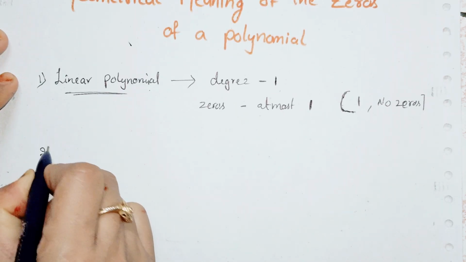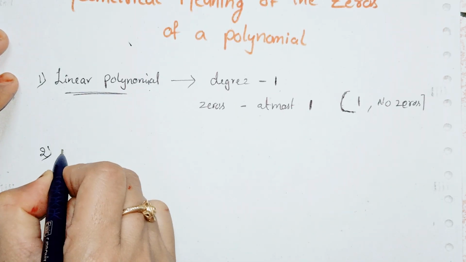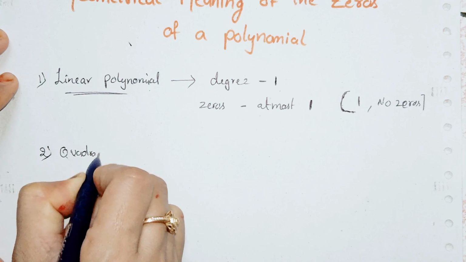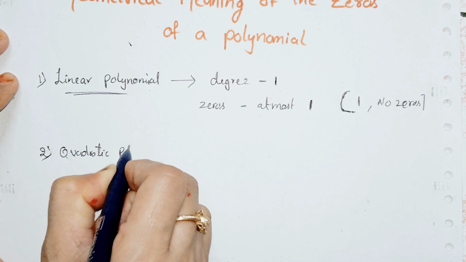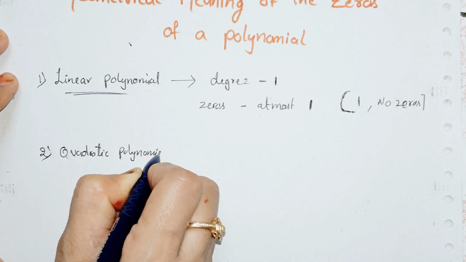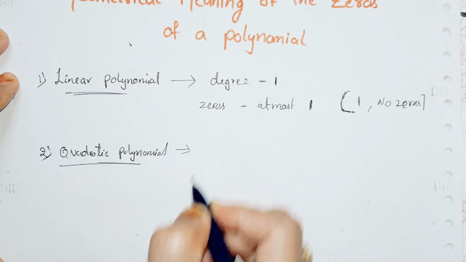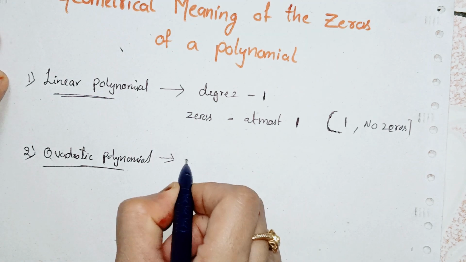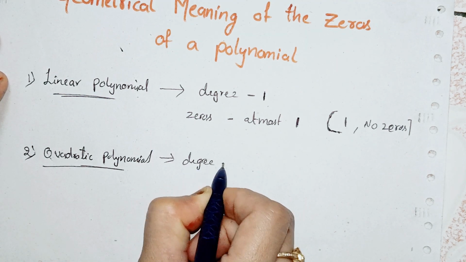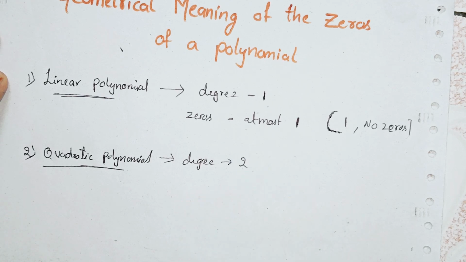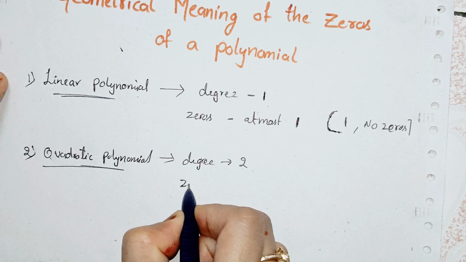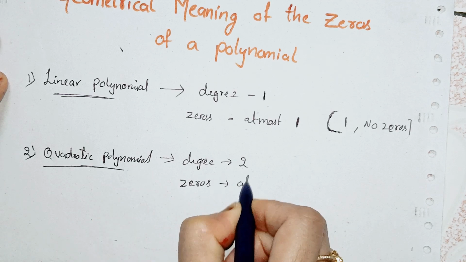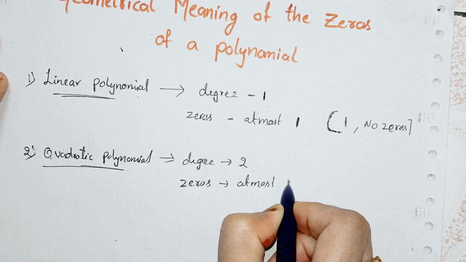Let's see the second one, which is quadratic polynomial. Okay, what is a quadratic polynomial? A quadratic polynomial is a polynomial whose degree is 2. Then the number of zeros in a quadratic polynomial is at most 2 zeros.